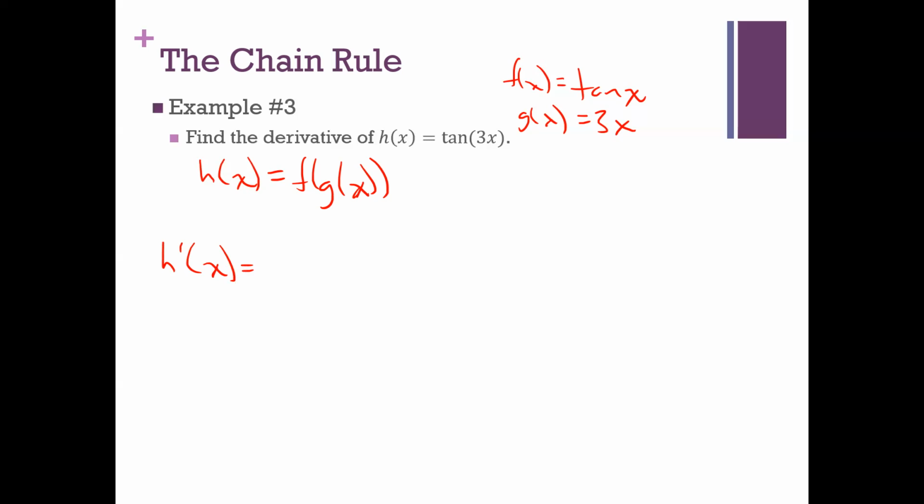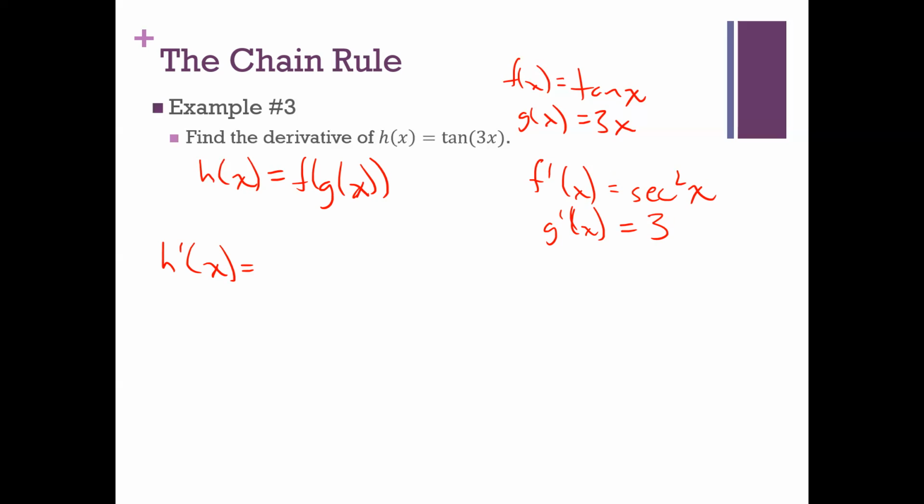Good. Let's find the derivative of f and the derivative of g. What is the derivative of f? Secant squared of x. And g prime? 3. I think that's enough to make the derivative happen.